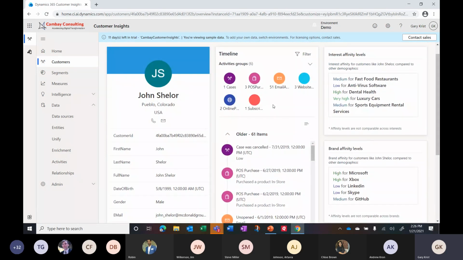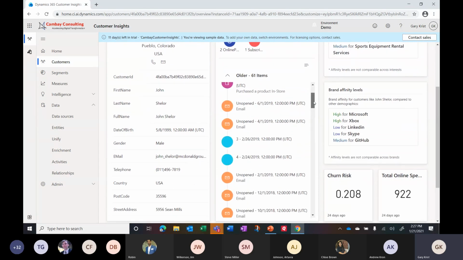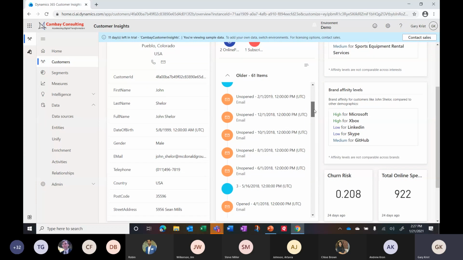It's also brought our activities in from all the systems, merged all in one place. So we can see that we have a case, 3 point of sale purchases, 51 emails, they accessed the website 3 different times, and all that information is aggregated below so that we can take a look at the detail of that information.